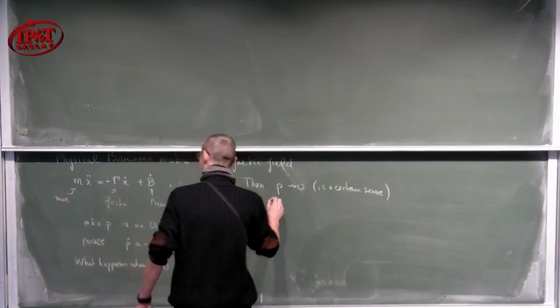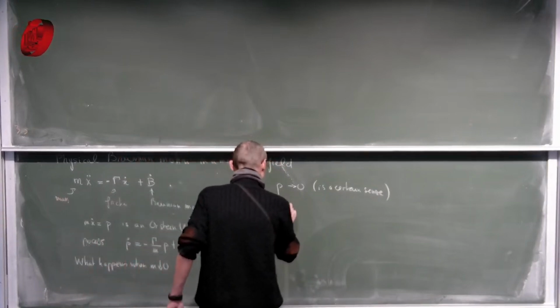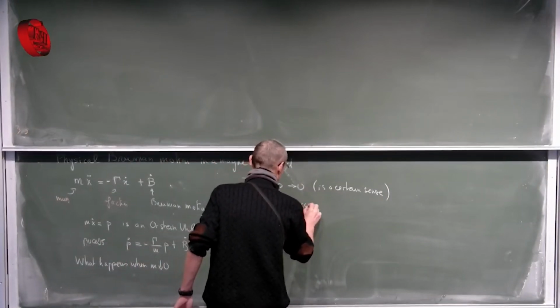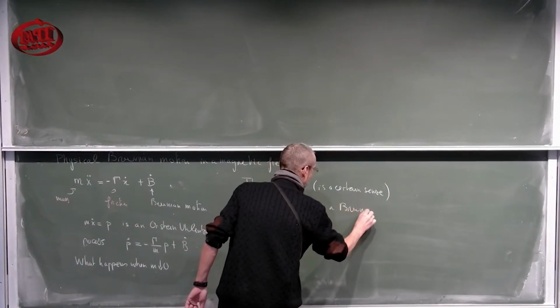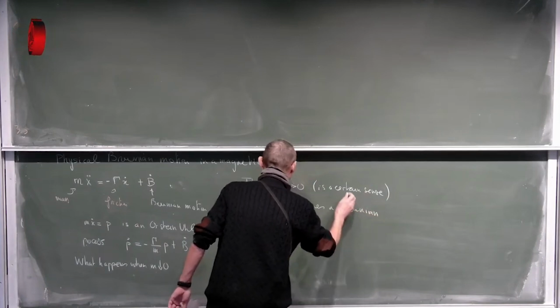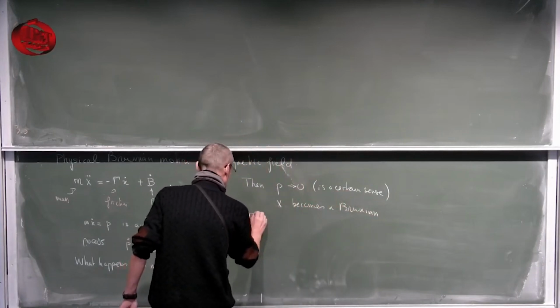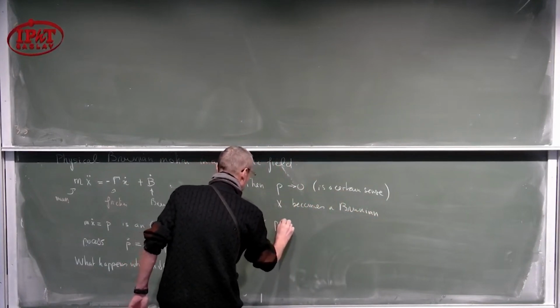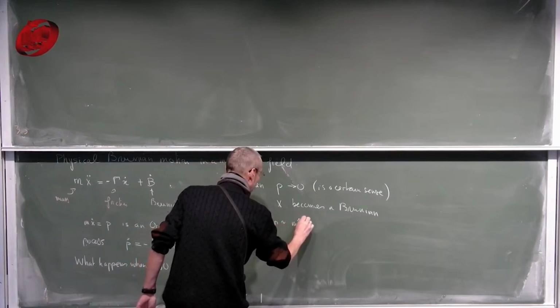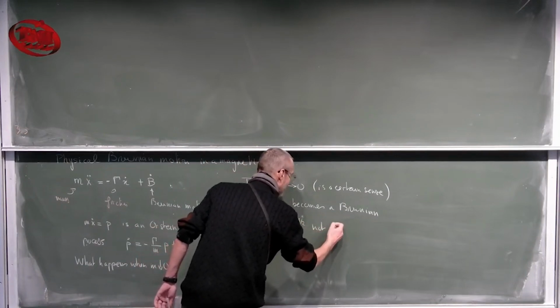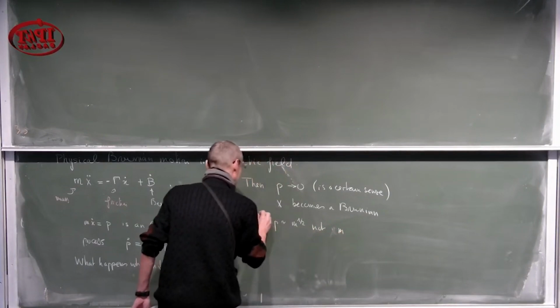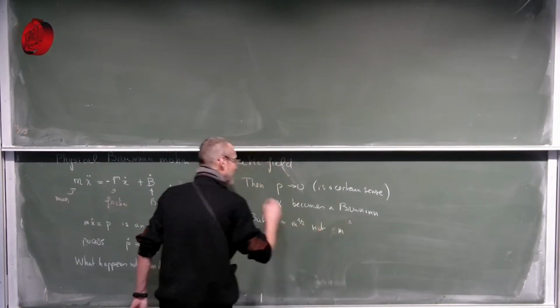And x becomes Brownian. And when I say in a certain sense, P is of order m to the 1/2, not m. This is a slightly vague statement.